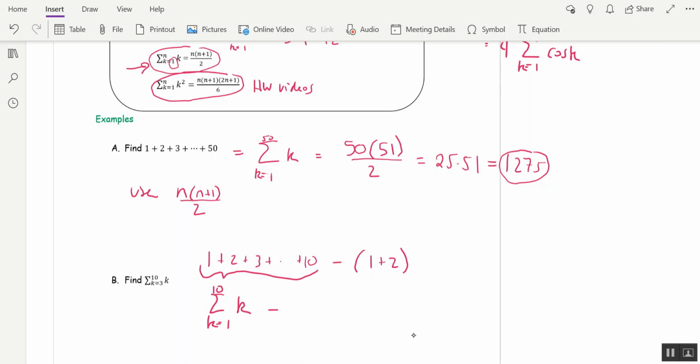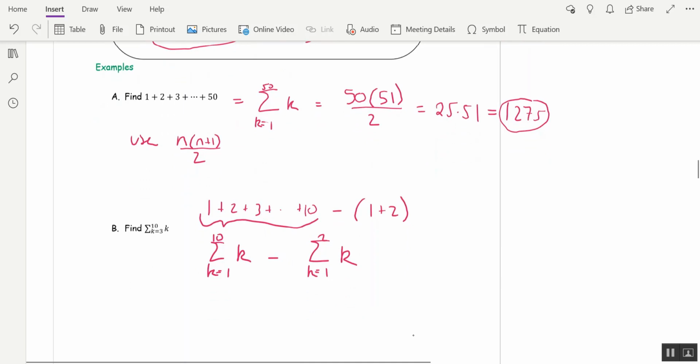But if this had been a longer expression, like maybe 1 plus 2 up to 8 or something, then we could have written that in closed form, k equals 1 to 2 of k. All right, now we can use the formula on both of these because they both start at 1. So this one is going to be 10 times 11 over 2, n times n plus 1 over 2.